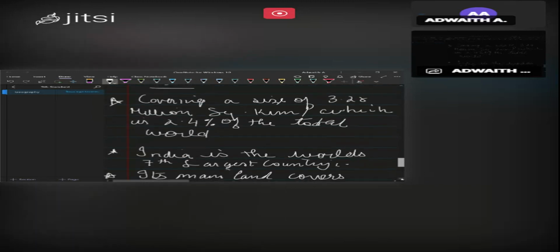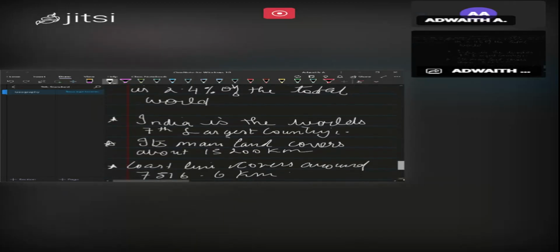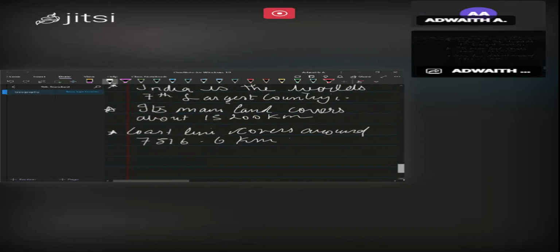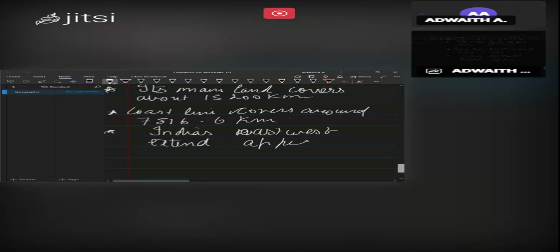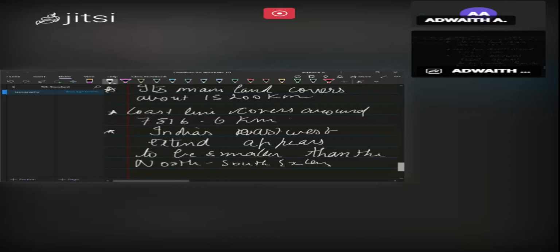India's northeast-west extent appears to be smaller than the north-south extent.